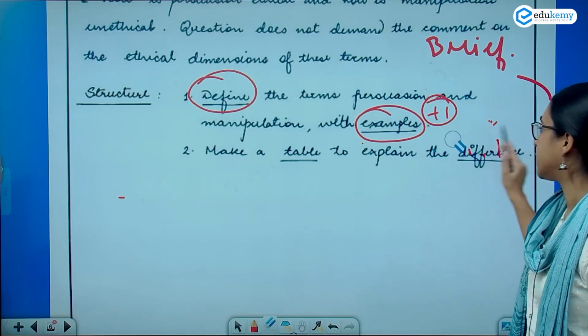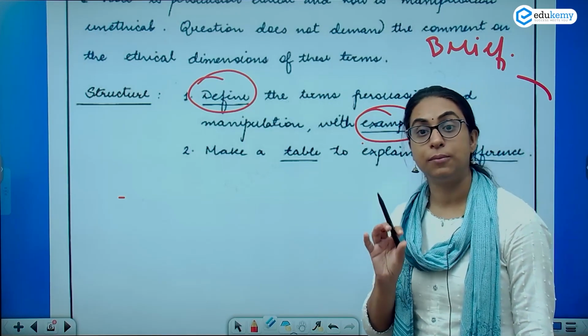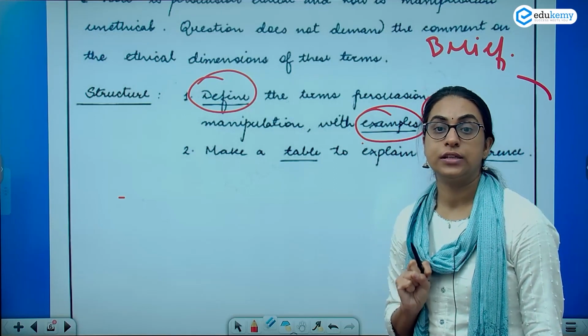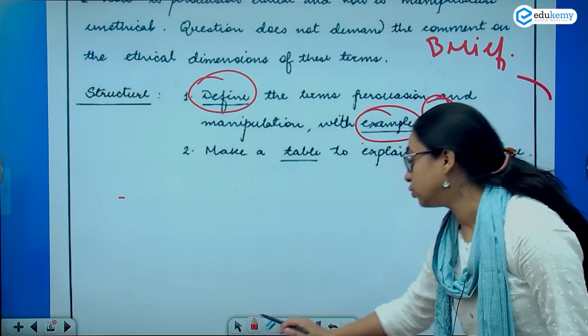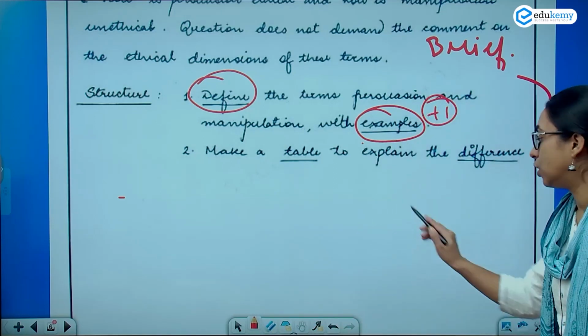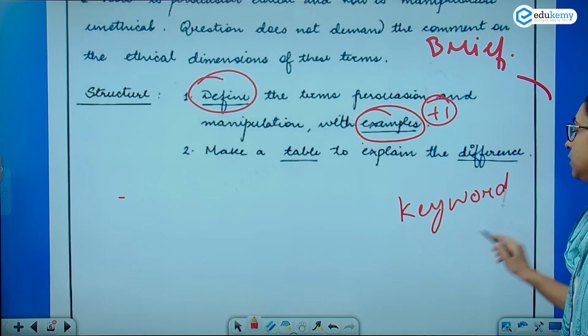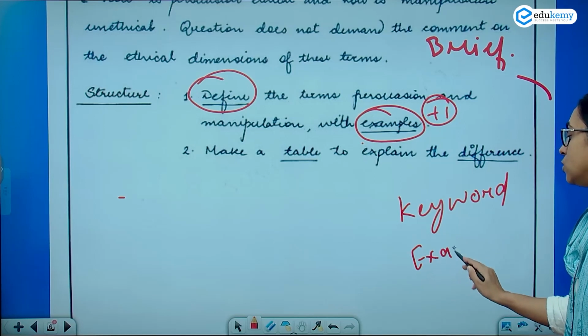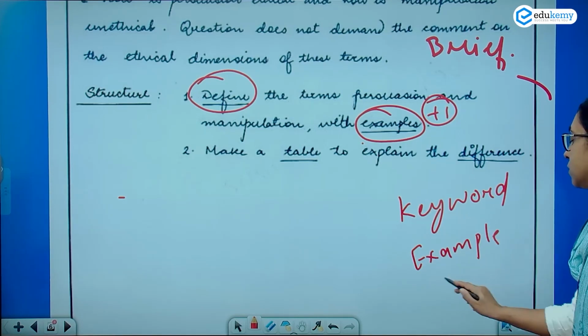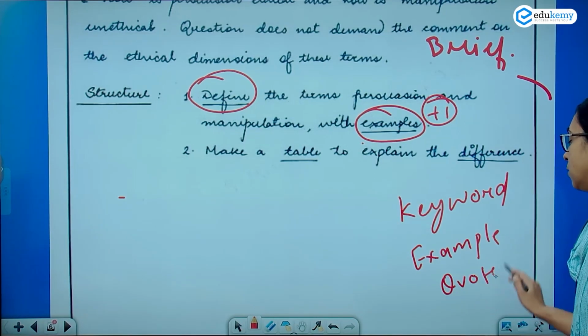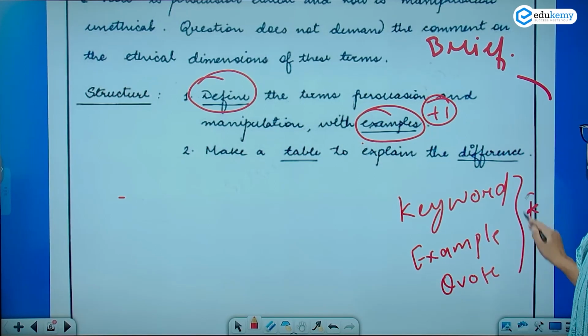If you don't have examples, then you will be in a weak position. So my suggestion to you is, for ethics, please incorporate the keywords, and also write the examples and the quotes, for every term in your syllabus.